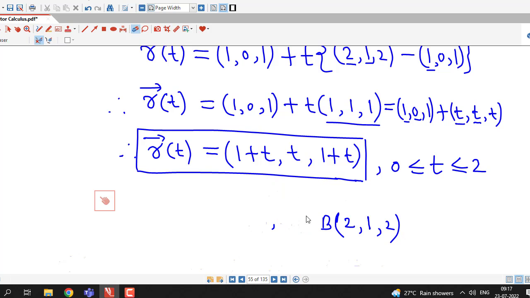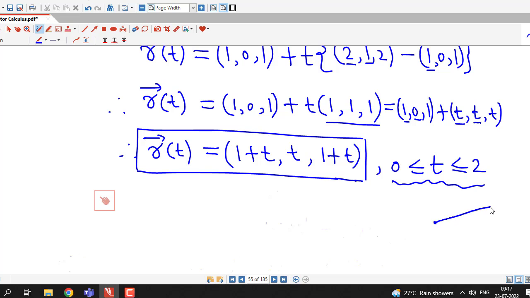So this is the correct parametric representation for the part of the straight line joining the two points A and B. If we restrict these values of t, then this parametric representation gives us the portion of the straight line, or line segment, joining points A and B, and that is our path of integration.